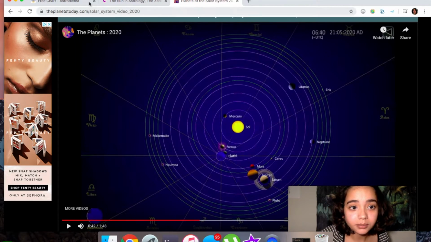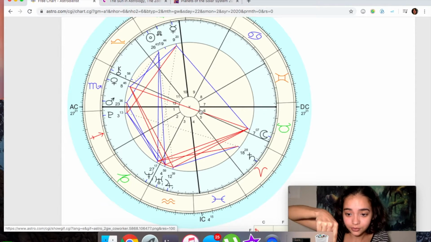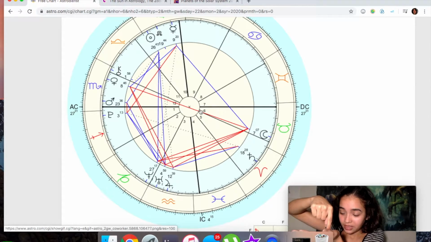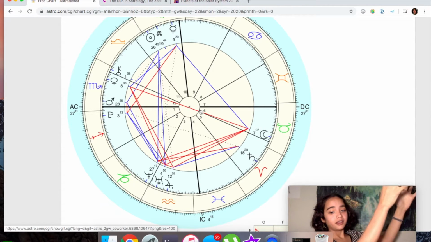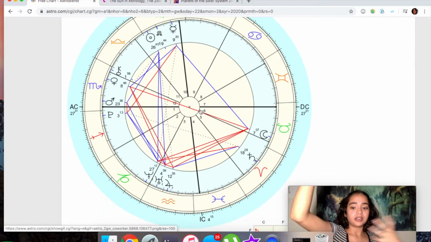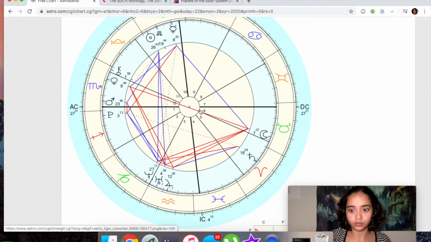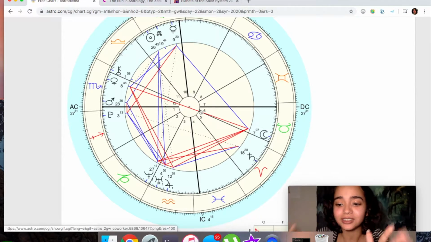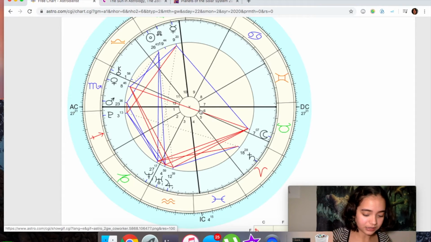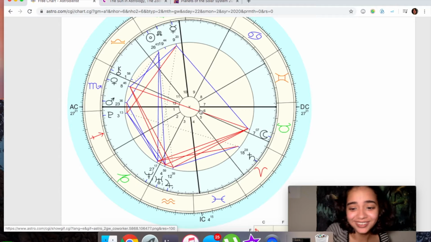But when your chart pops up, that's because we're locating a specific angle in which everything's happening, and then you can tell what planets are where and what's going on for you specifically. This thing is so complex, but I'm trying my best to make it simpler than it looks.